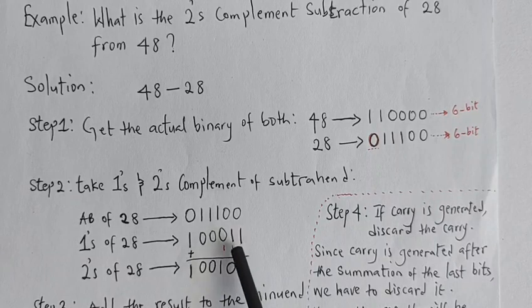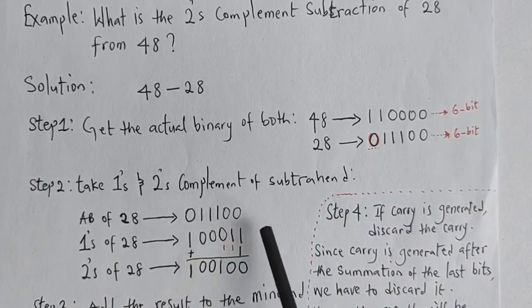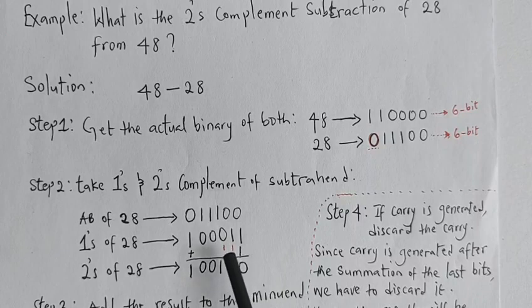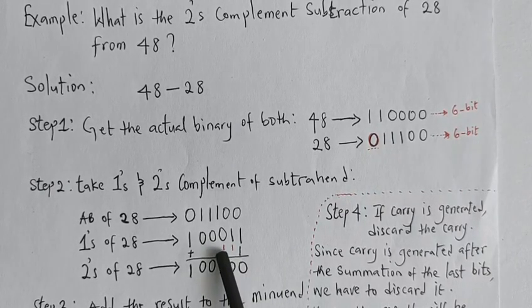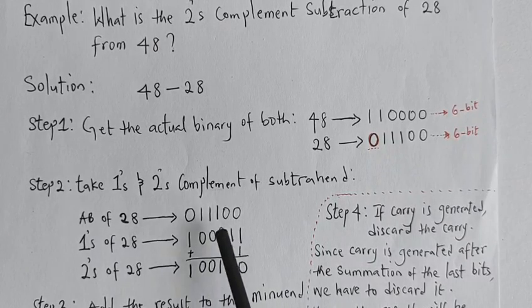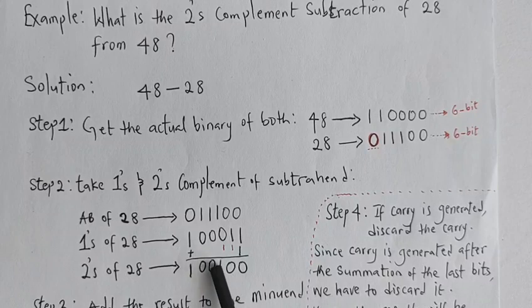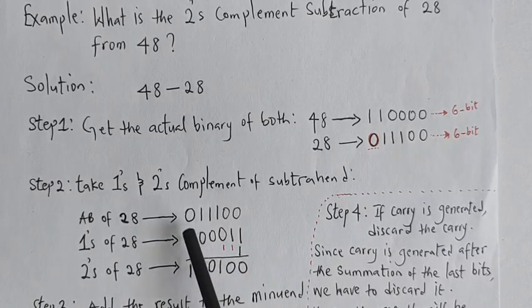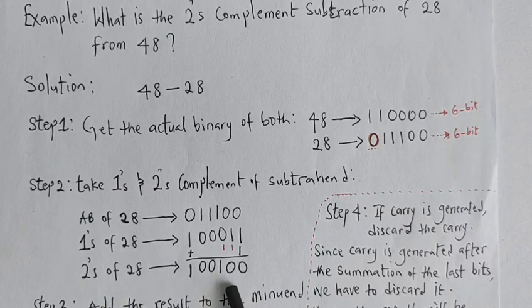Now add the carry to this part, indicated by this second red ink. 0 plus 1 is going to give us 1, and then bring down the 0, the other 0, and then the 1. So you're going to have this new result as the 2's complement of 28.